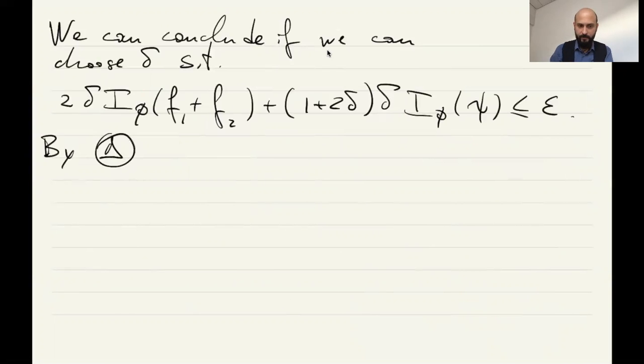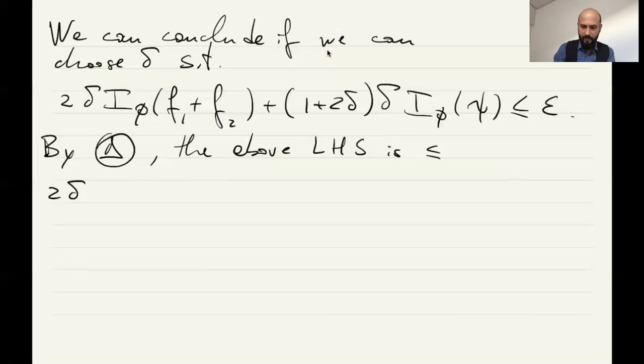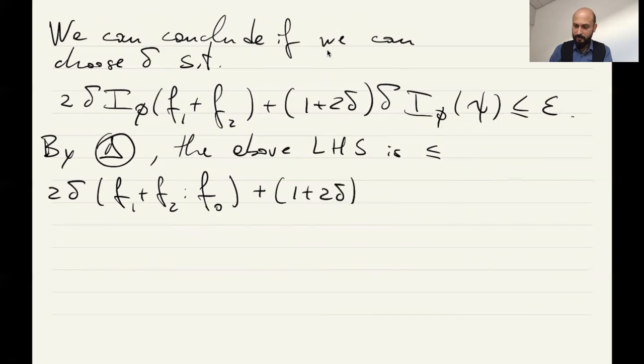What we have, by this, is that the above left-hand side is less or equal than 2 delta. Instead of I_phi, I can put (f1 plus f2) with respect to f0, plus 1 plus 2 delta times psi with respect to f0.